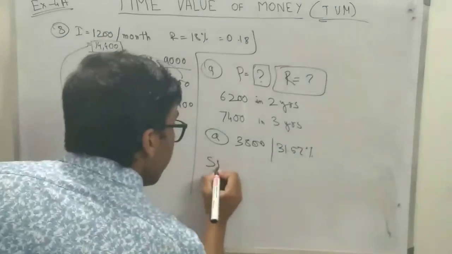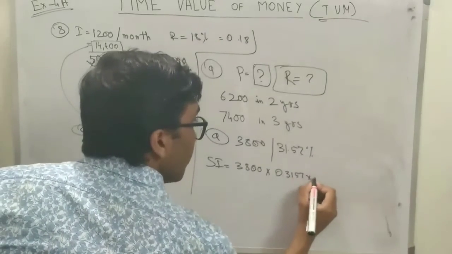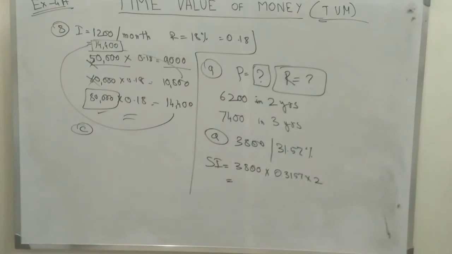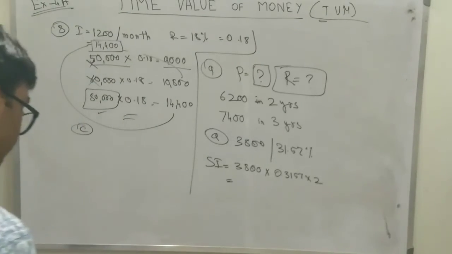Now if we calculate like this, the simple interest is 3800 into 0.3157 for 2 years. 3800 into 0.3157 into 2, you get 2399.32.